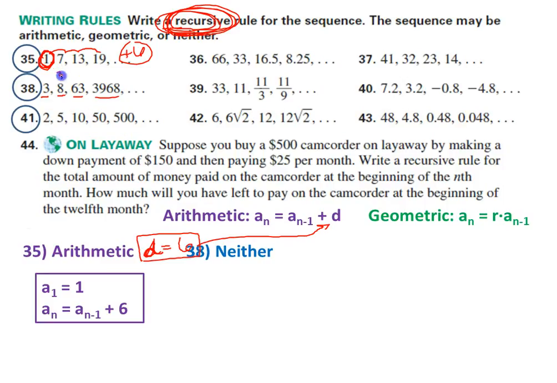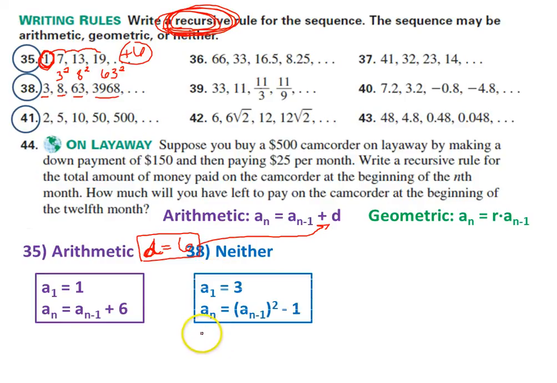What's 3 squared? What's 8 squared? What's 63 squared? Does anyone see it yet? 3 squared is 9. And then how would I get from 9 to 8? Subtract 1. 8 squared is 64. How would I get to 63? Subtract 1. 63 squared is 3,969. Subtract 1. You get 3,968. So your pattern is you have to square and subtract 1.